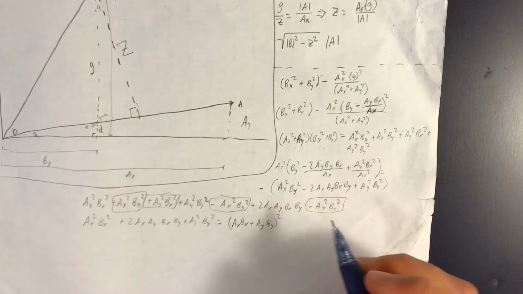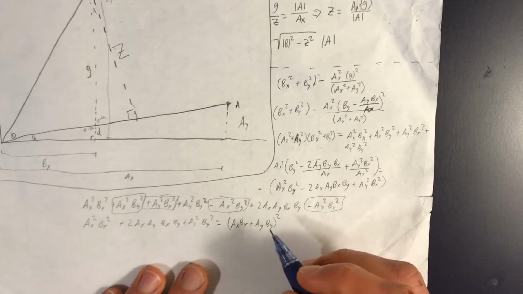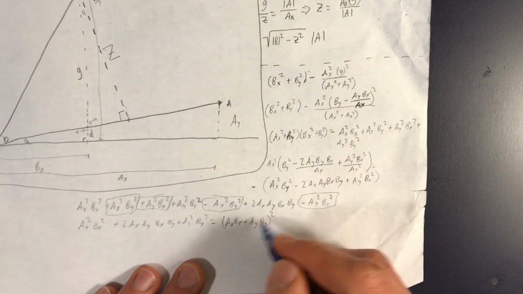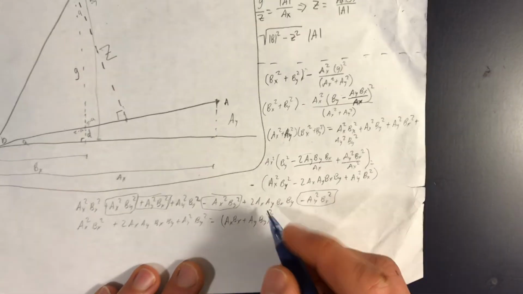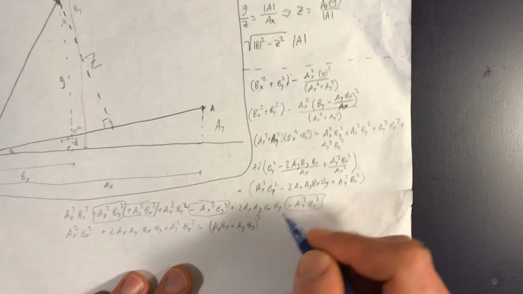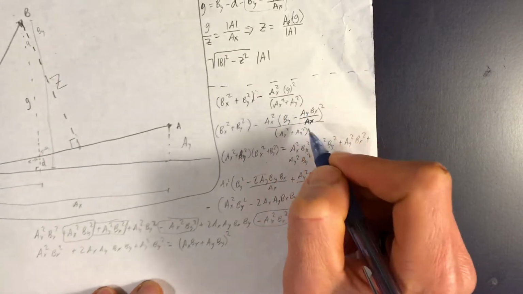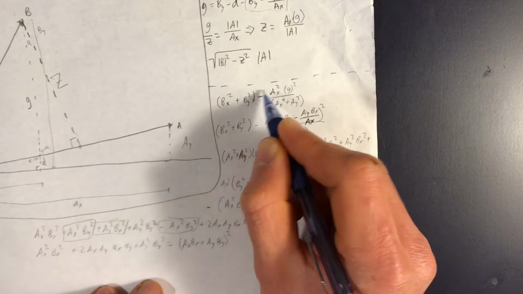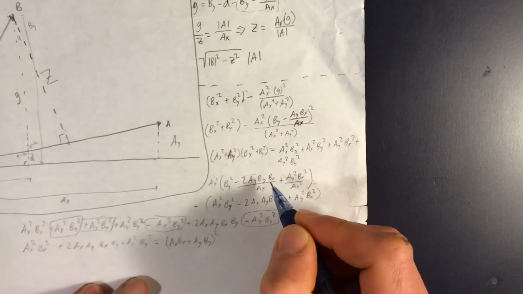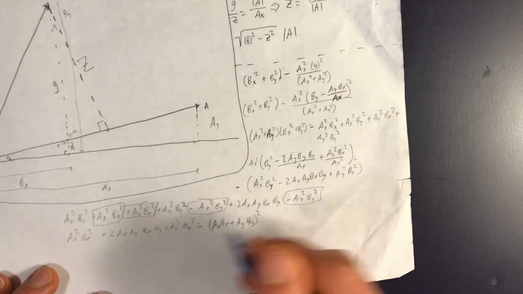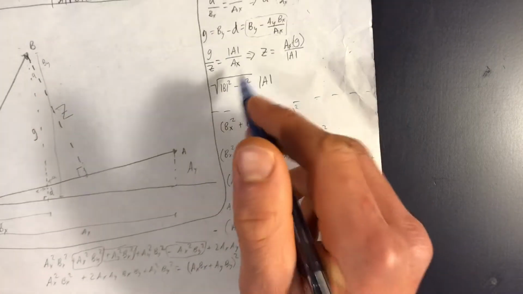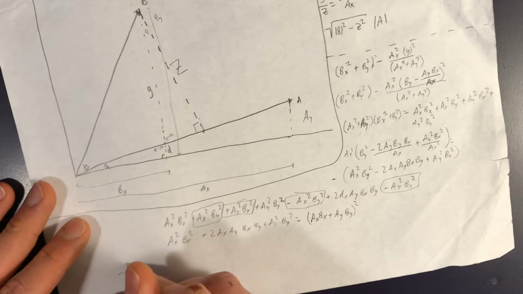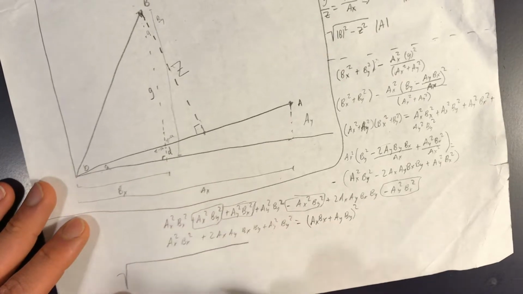So going back to the original problem, this is equal to that multiplied by that, and then everything like that. It's also the square root, so let's put everything together.